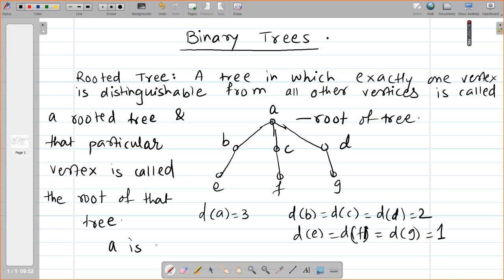So A is the root of the tree. There is exactly one vertex whose degree is 3. Okay.